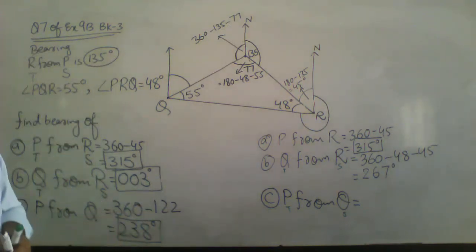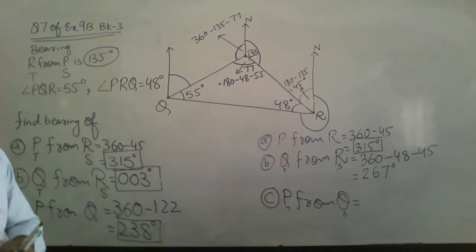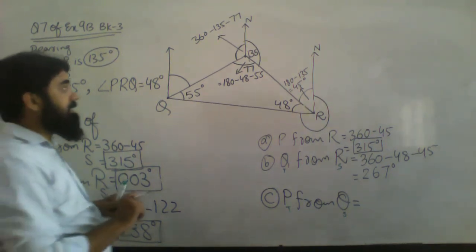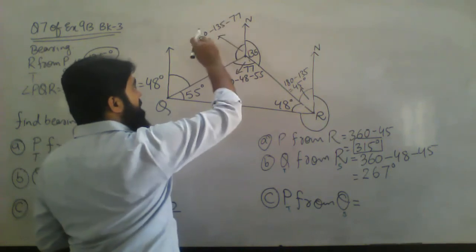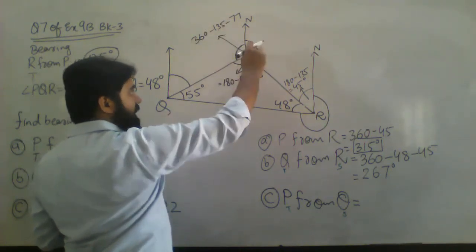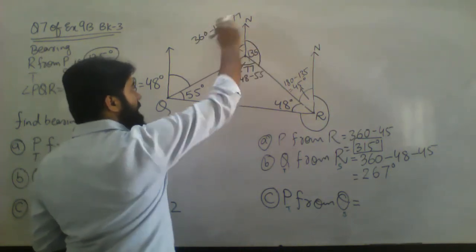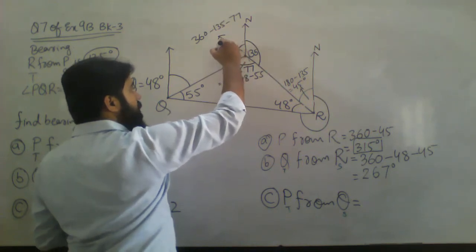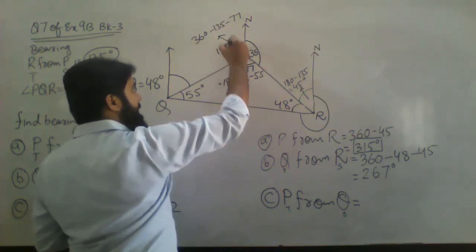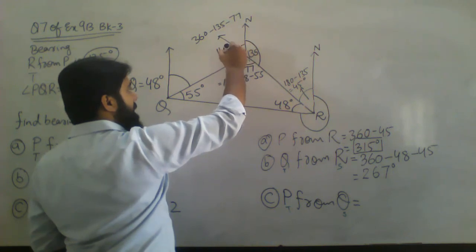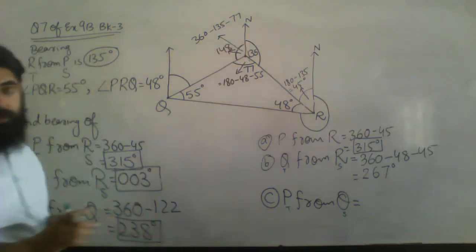So 360 minus 75 minus 77 minus 135, when I subtract this and this from 360, my answer is 148 degrees. For this part, my answer is 148.